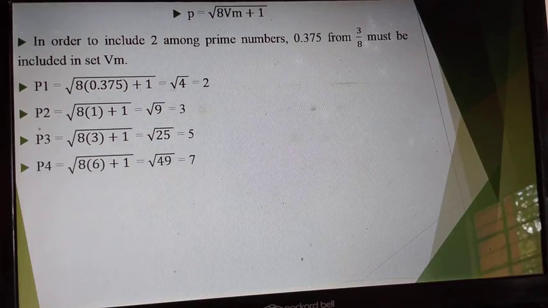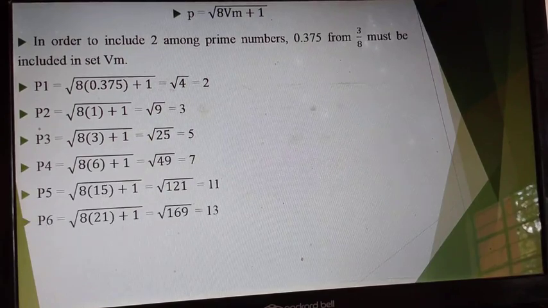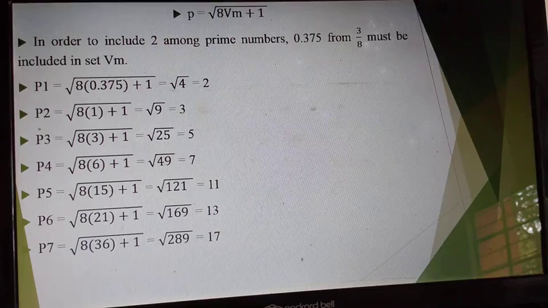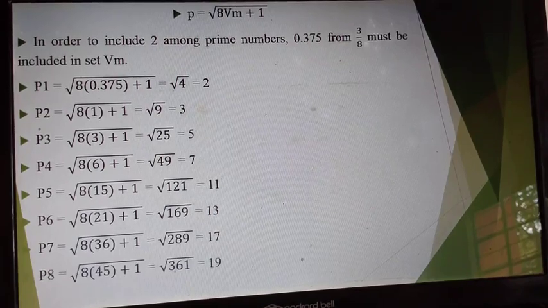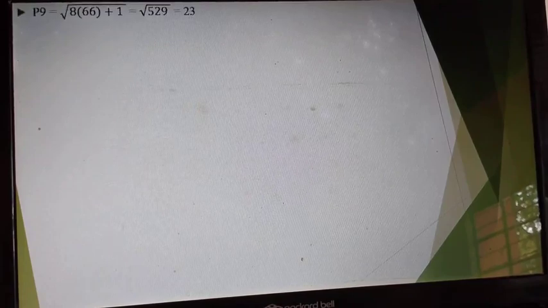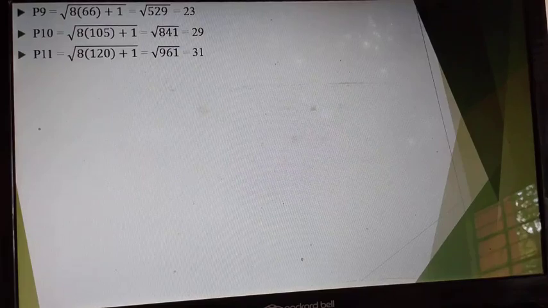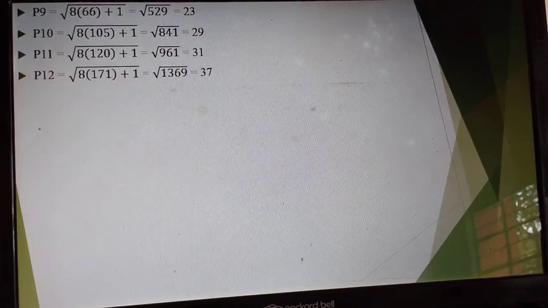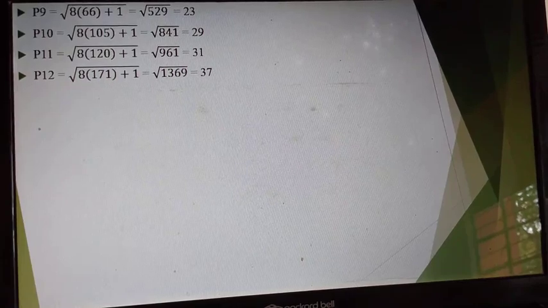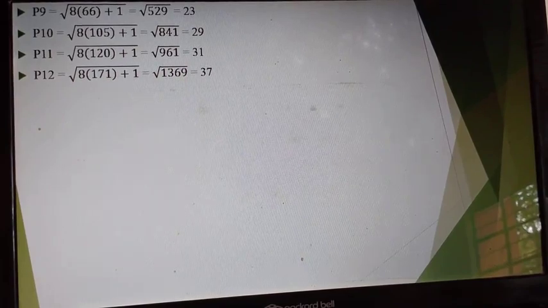So we can keep on doing that. All the numbers that will be coming out will be all prime numbers. We can see 66 substituted gives us 23, 105 substituted gives us 29, 120 substituted gives us 37. So you can try as many special triangular numbers as possible to substitute them on Vm, and all the results will be prime numbers.